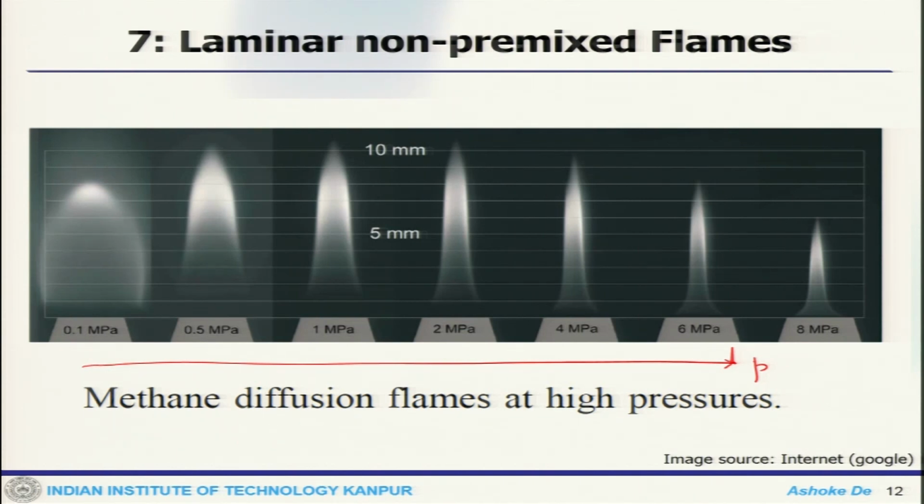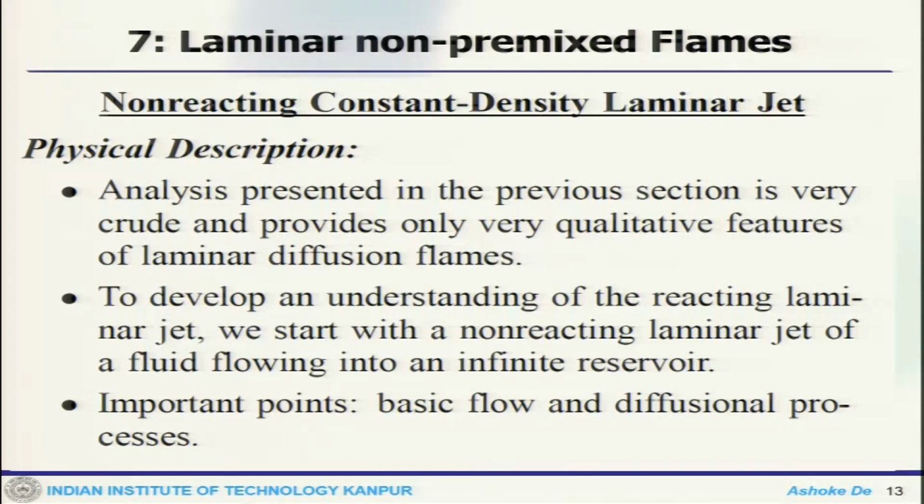Now, we can consider the non-reacting constant density laminar jet. So, this is again a jet flame that we consider and try to do some analysis. The analysis that we looked at just previously provides only some qualitative features of the laminar diffusion flame.